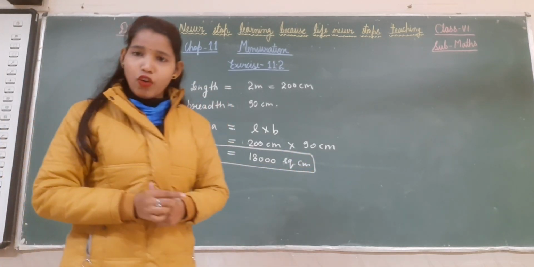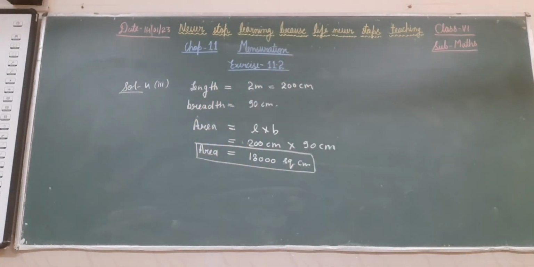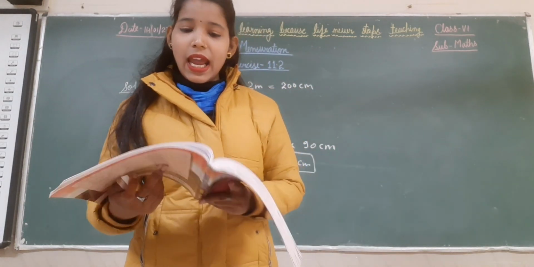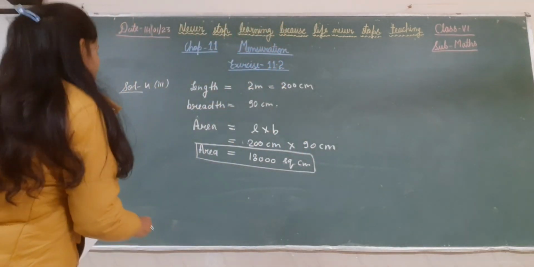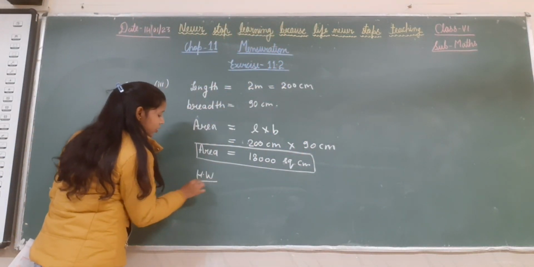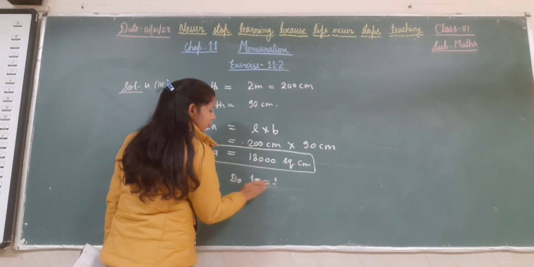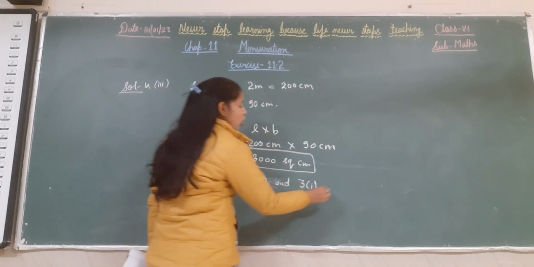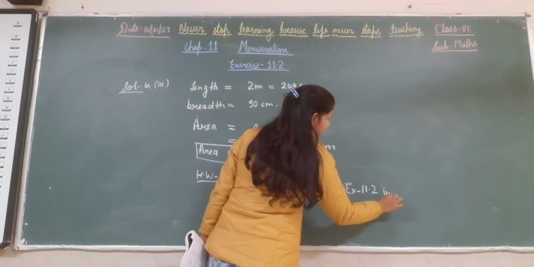So class, this is enough for today. Now I am giving you homework, so write down the homework. The homework is to do question number 1, question number 2 and question number 3 first part of exercise 11.2 in your practice copy.